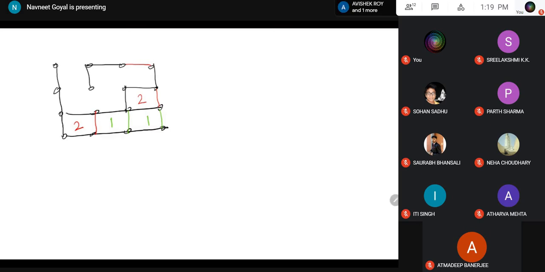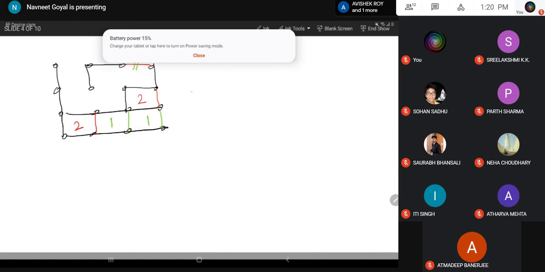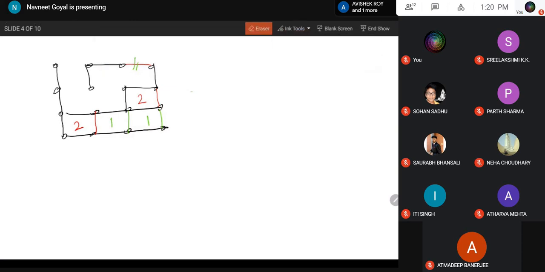So the red one will. I think I made some mistake. So this is not there. Suppose, so 1 2 3 4. 1 2 3 4. Okay. So just let me check one more time. These 2 are there. Okay, let me remove something from here. I think I made a mistake, I need an eraser.